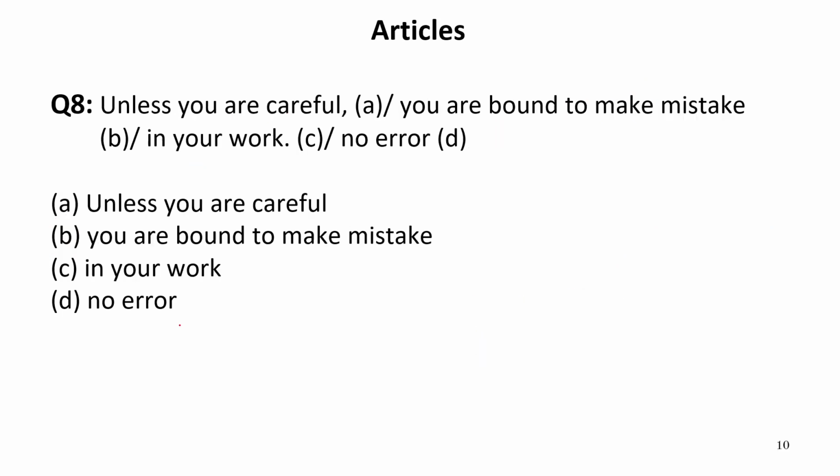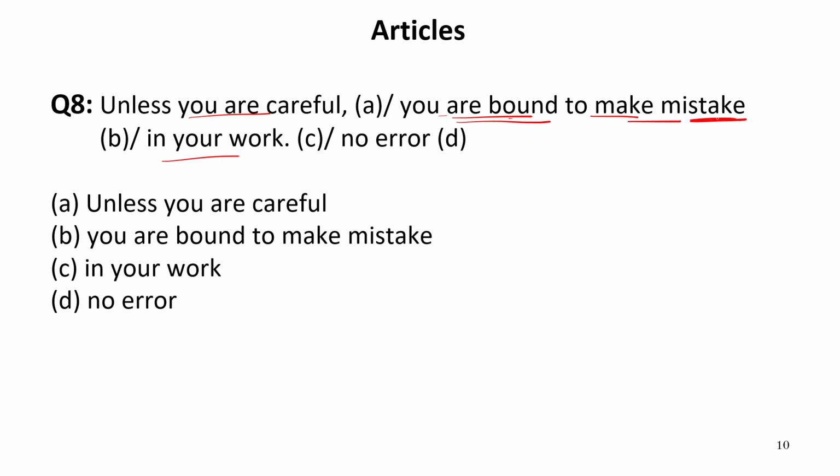Now let us move to the next one. Unless you are careful, you are bound to make mistake in your work. Let us see the sentence in parts. Unless you are careful, till here the sentence is correct. You are bound to make mistake. Now this mistake can be either singular or plural.